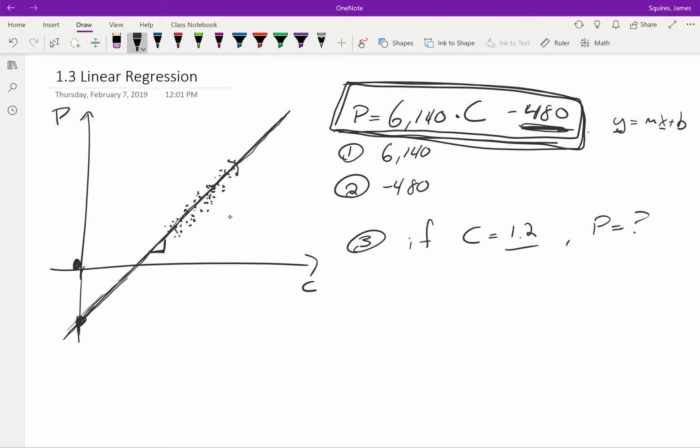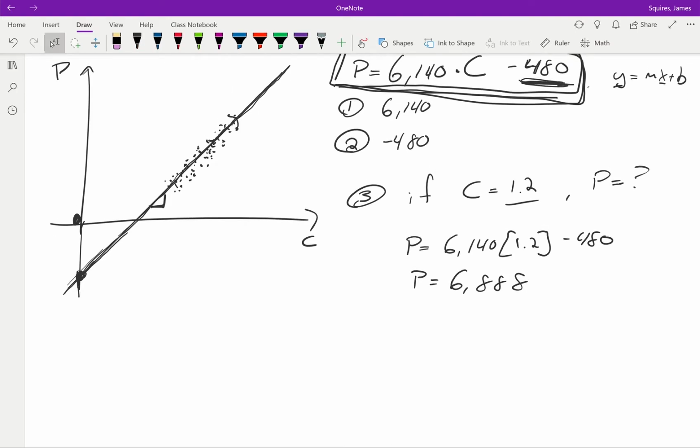So we can just plug in 1.2 for C and solve for P. So P equals 6,140 times 1.2 minus 480, and if we solve for that, the price of the diamond would be about 6,888.